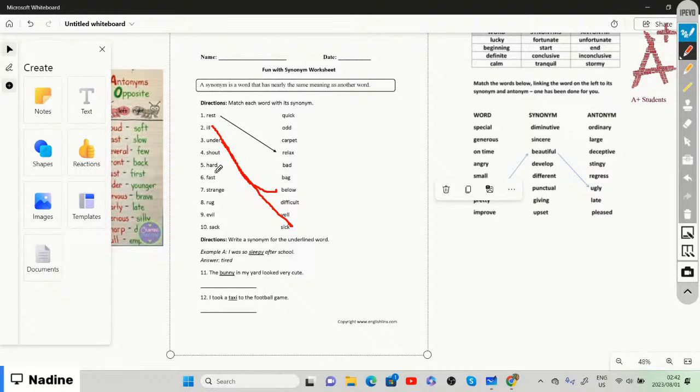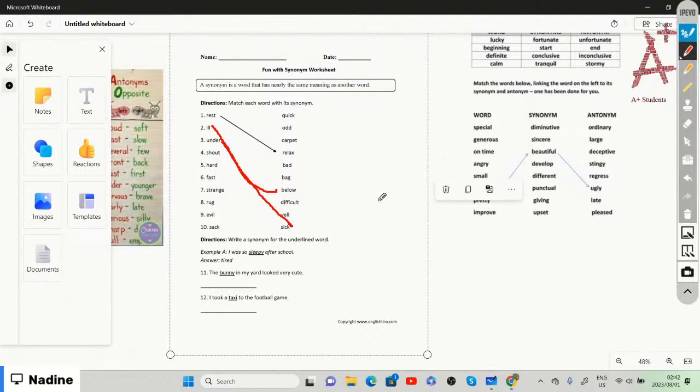The same as shout. Shout. We need to look at the word that is similar to shout.